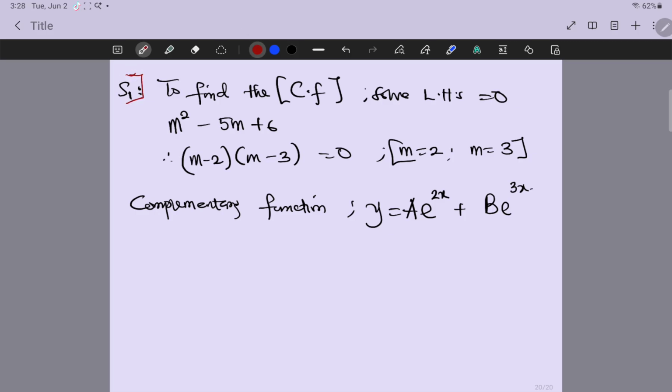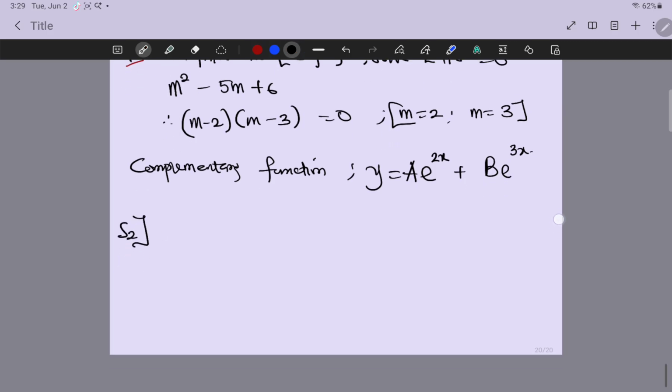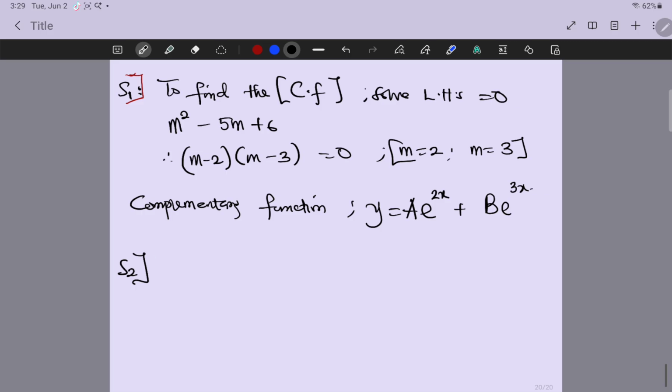Now, our next question is to find out what step two will be. Our step two is to find the particular integral.